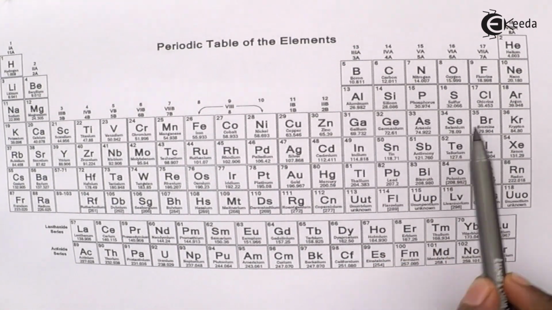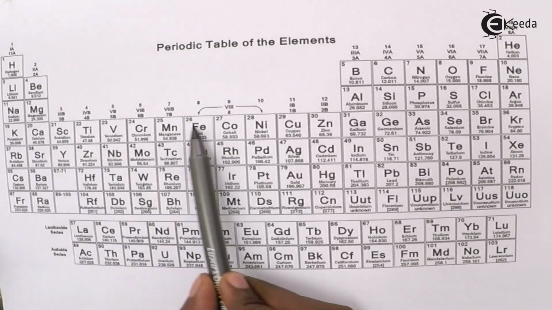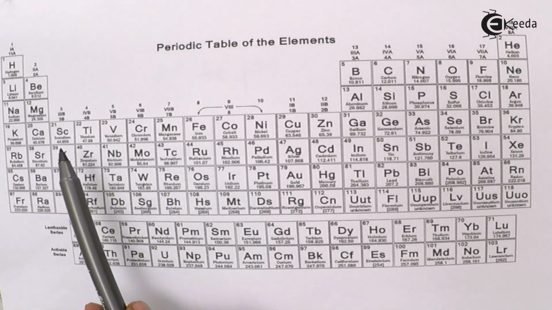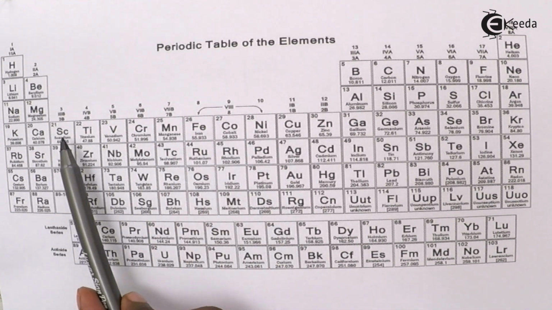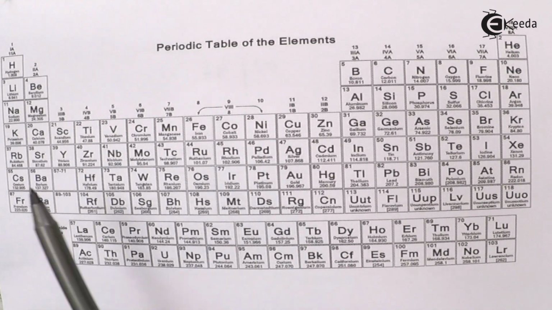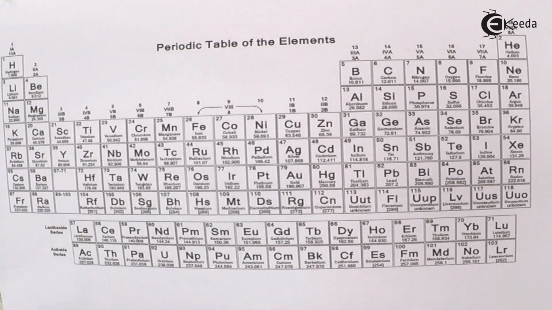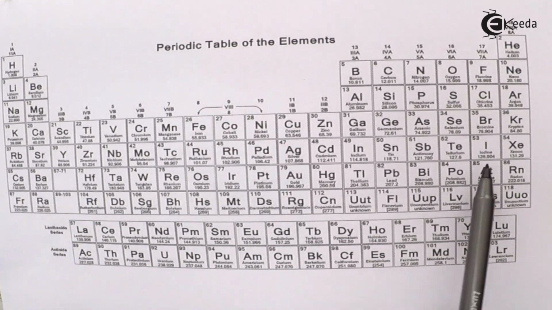That means 6 elements belong to the 4p, while the 3d belongs to the d block, and the total number of electrons in the 3d orbitals is 10. So that makes a total of 18 elements in period 4. So this is how we calculate, and similarly we could also do it for period 5 and period 6.